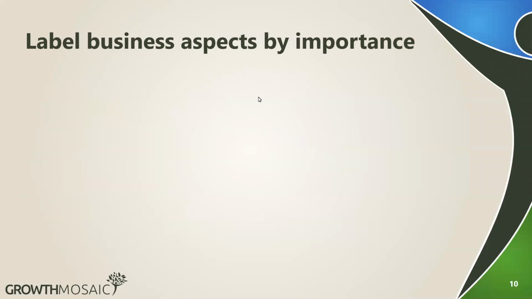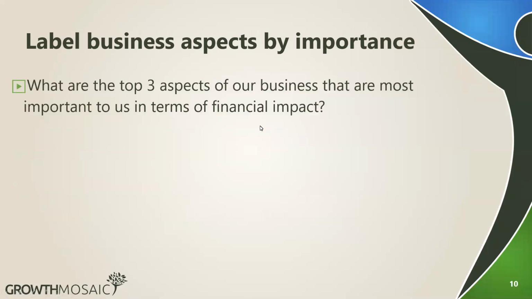And in this, again, we'd go back to the chat box. So what are the top 3 aspects of our business that are most important to us in terms of financial impact? So again, we may not have the exact numbers, but let's use roughly off the top of our heads using the chat box. What do we think the 3 biggest aspects of our business in terms of financial impact, if anything bad were to happen?